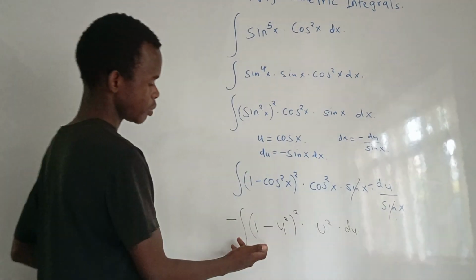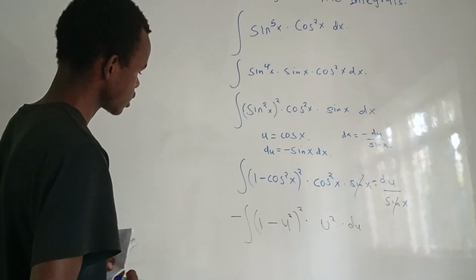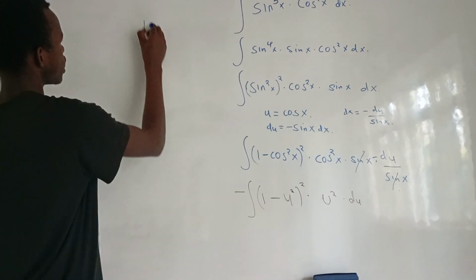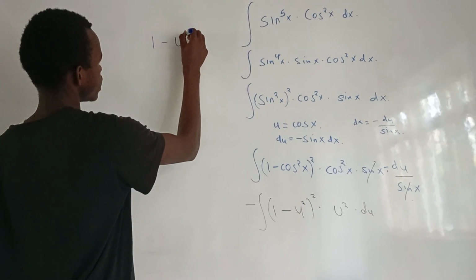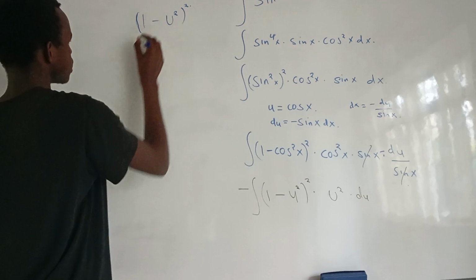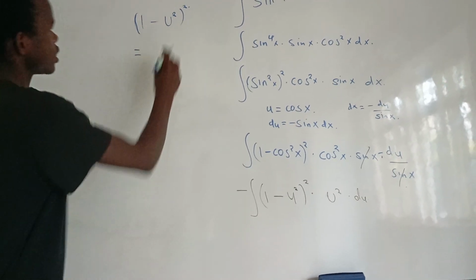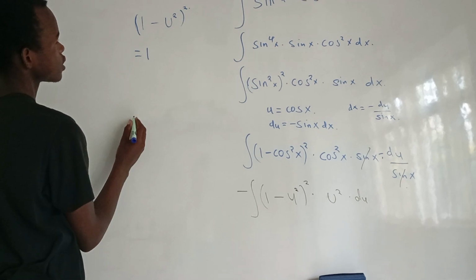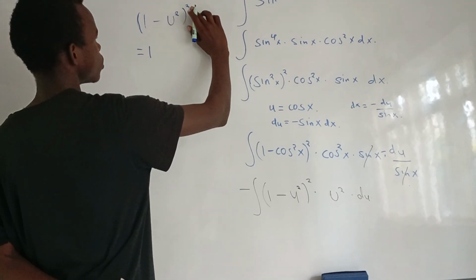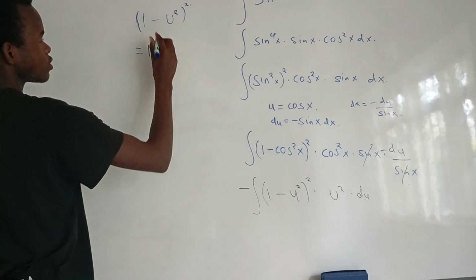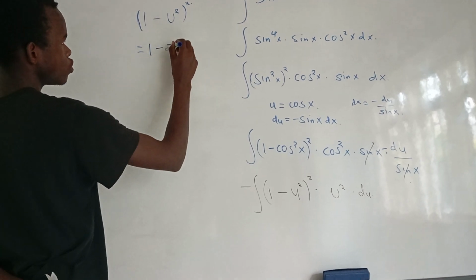So from there, let's expand this. So we'll have to expand 1 minus u squared, then I square that. Okay? So an easier way, I just take 1 squared, it will be 1. Okay? Then I'll take 2 multiplied by u squared multiplied by 1 with a negative. So I'll get minus 2u squared, okay?